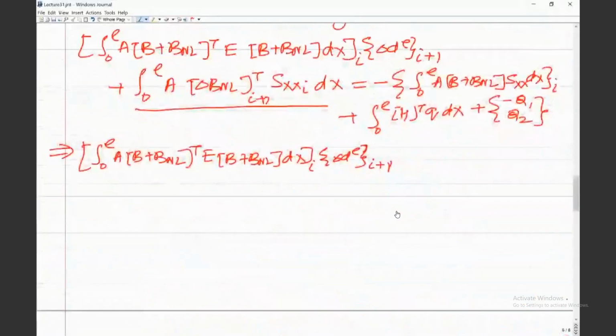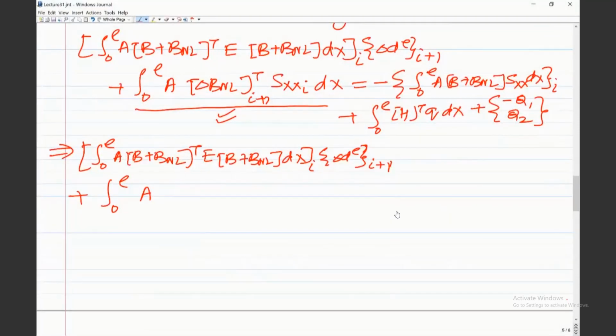So what you will get is this second term, which we are writing as integration 0 to L and integrate the area A, and as I said delta BNL transpose will become a column vector. So it will be dN1 by dx, dN2 by dx, and then we will have delta of du by dx.